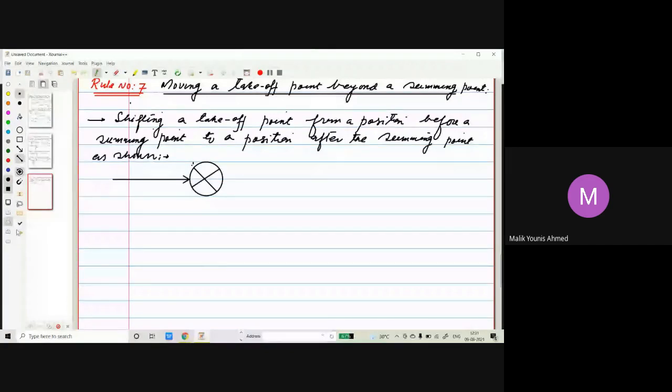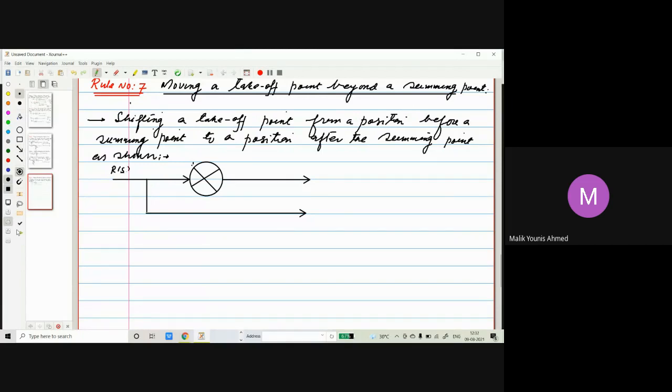Okay, this is the summing point. Then the signal going out from the summing point is the output. This is the input, R(s).